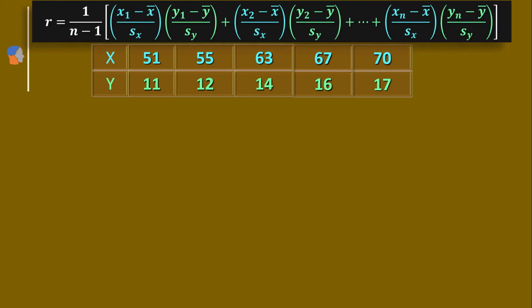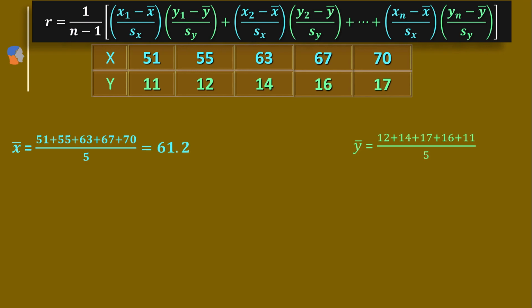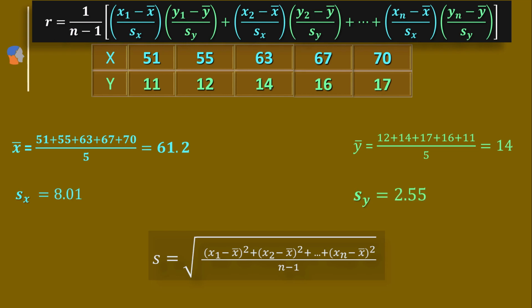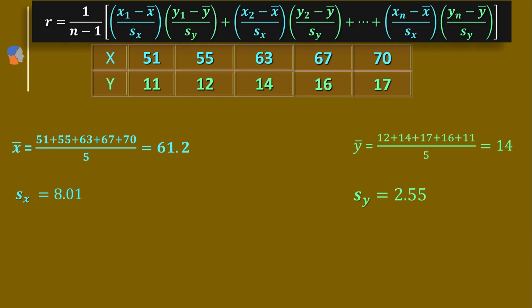Use the formula. What do we need? We need x bar and y bar, and also the standard deviation of these two variables. How do we calculate the standard deviation? Using this formula. I explained this in a previous video under chapter 2.